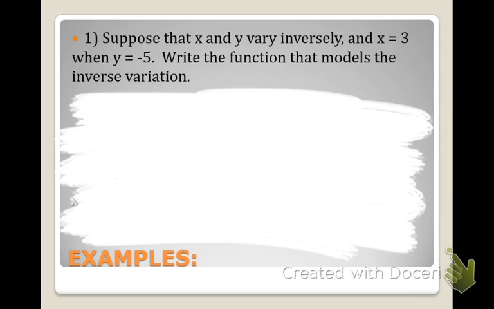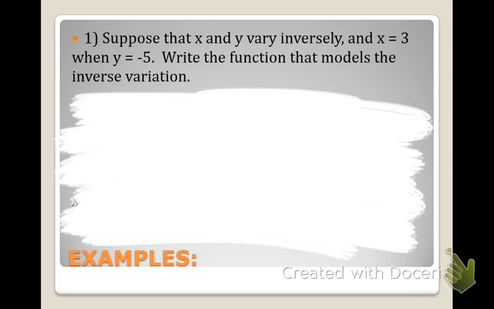All right, first example. Suppose that x and y vary inversely, and x equals 3 when y equals -5. Write the function that models the inverse variation. Now, off to the side, you might want to write yourself a couple little notes. This problem takes 2 steps.